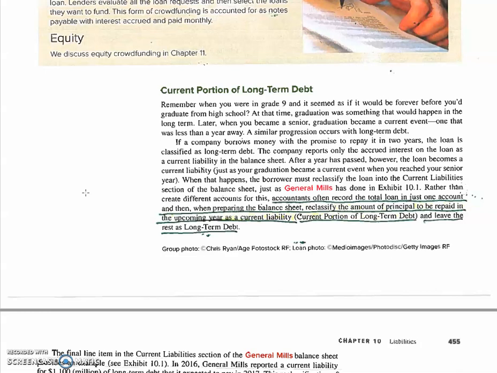So then we would show current portion of long-term debt as $6,000. And whatever our total debt is, let's say it's $26,000, then out of that $26,000 total amount still owed on the note, it shows $6,000 as current portion of long-term debt, and the other $20,000 as long-term debt or a long-term liability.